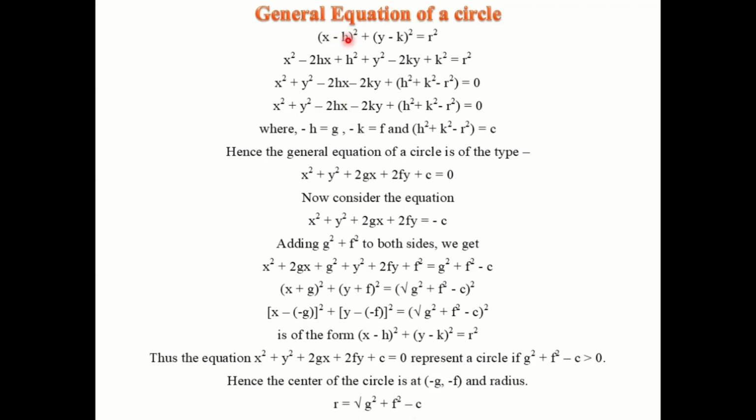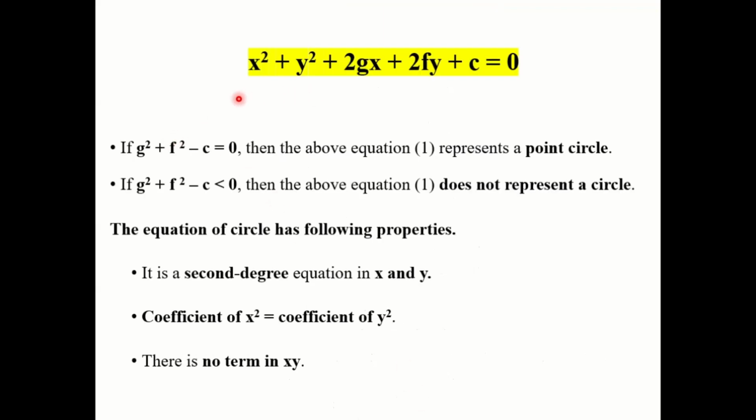When center and radius are given, we follow those earlier steps. When the equation is given and we have to find the center and radius, then we follow this step: center of the circle is (minus g, minus f) and radius is square root of g square plus f square minus c.